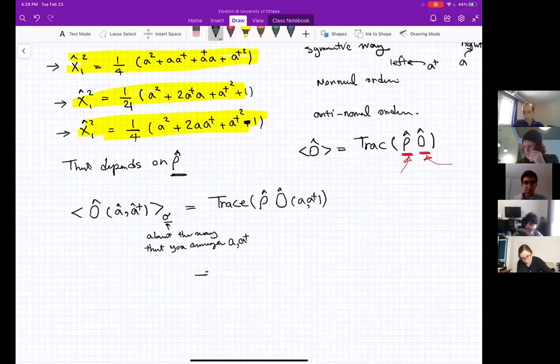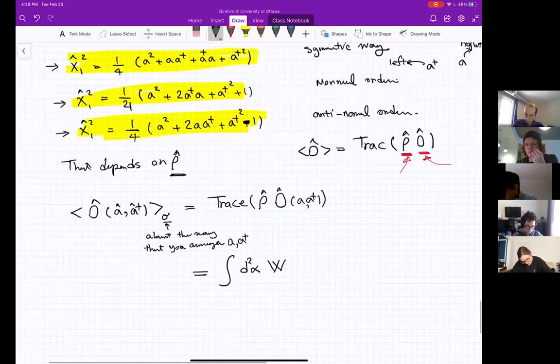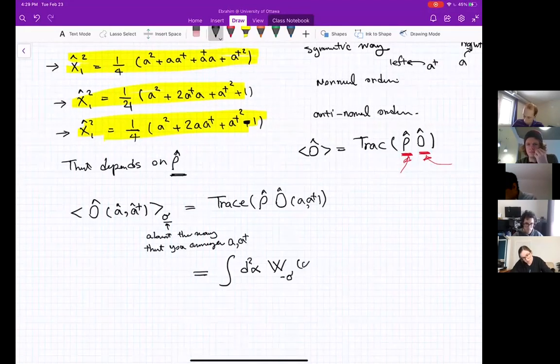However, I'm writing the formula directly here, and the entire lecture will be about deriving this formula: integral of d2 alpha, W of minus sigma of alpha, operator of sigma.